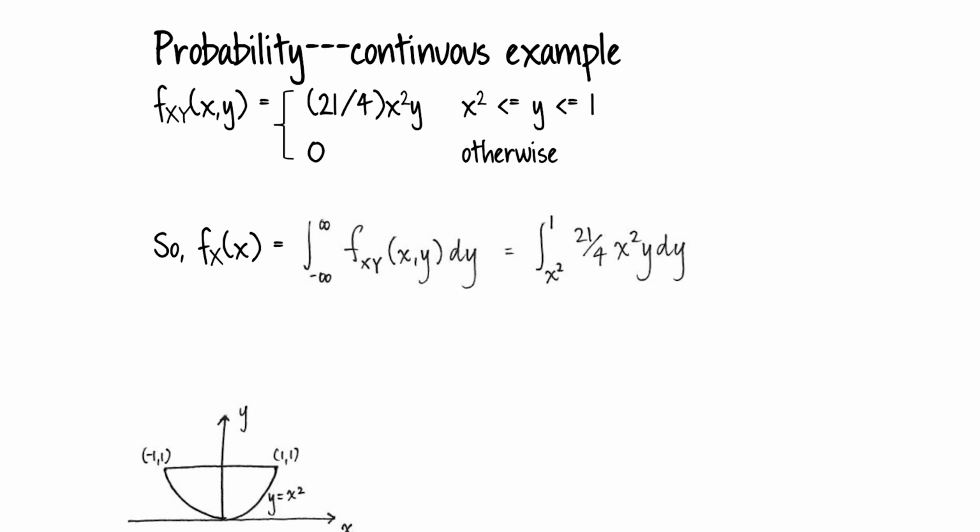For us, Y only takes on values, as a function of X, from X squared up to 1. That's the region we're going to integrate over, and you can see it here. I've included the support down here to remind you. For a particular value of X, we just integrate from X squared up to 1.